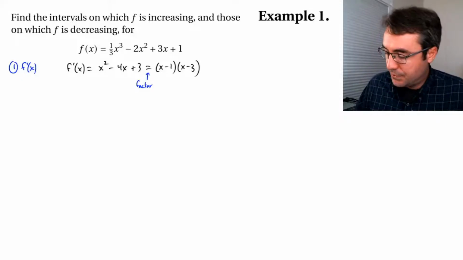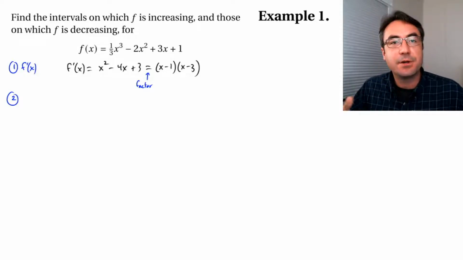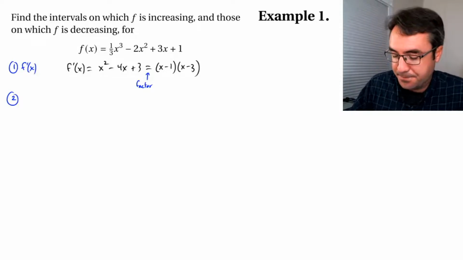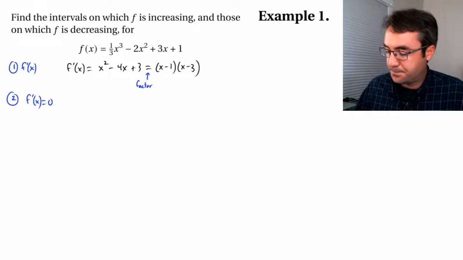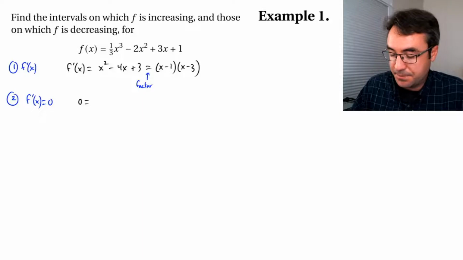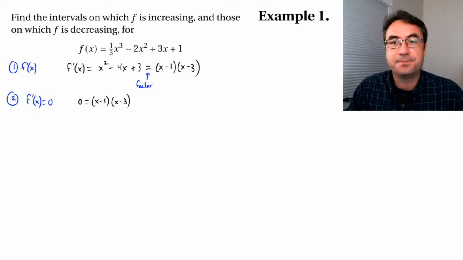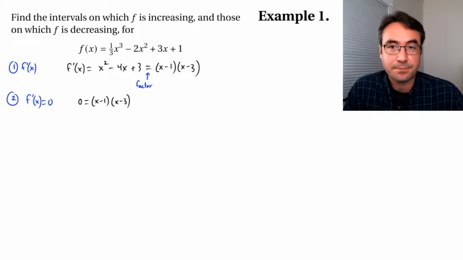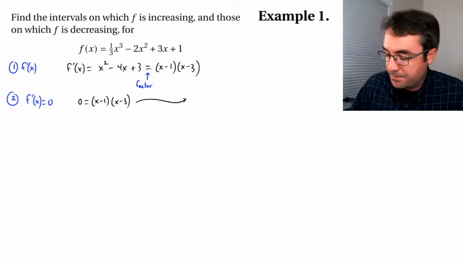All right. So now in step 2, we want to figure out where f prime is 0 and where f prime is undefined. So let's start with setting it equal to 0, and we'll try to solve for x. We'll set our factored version equal to 0. And the nice thing about a factored version is then we can set each of the factors equal to 0.